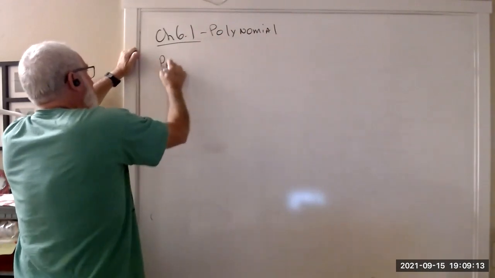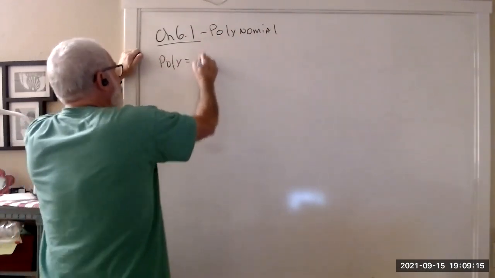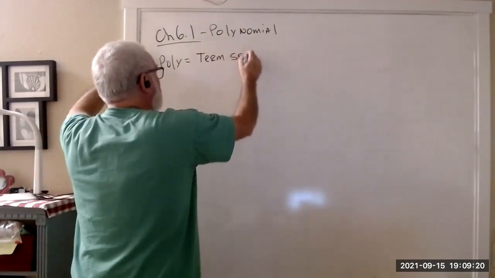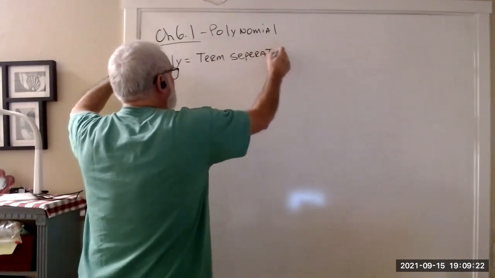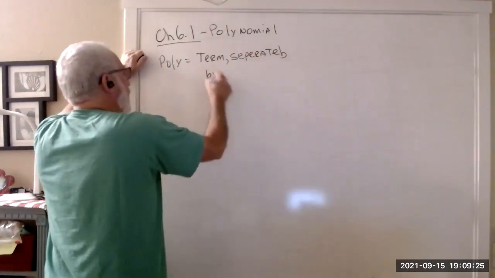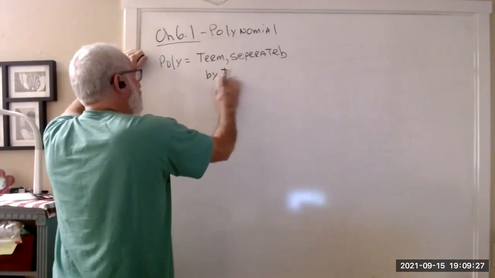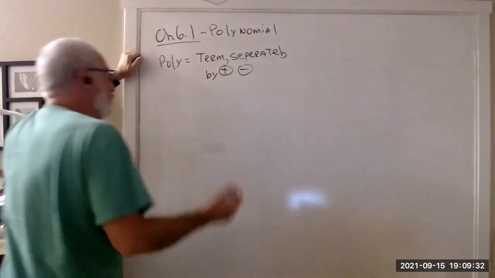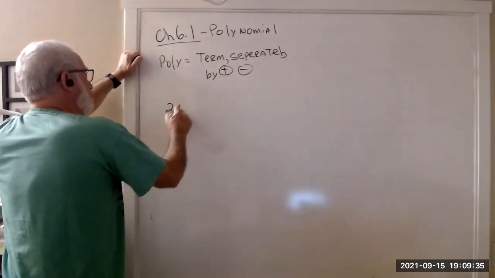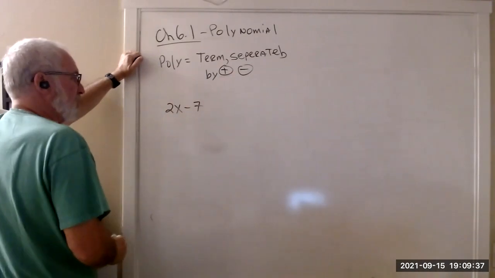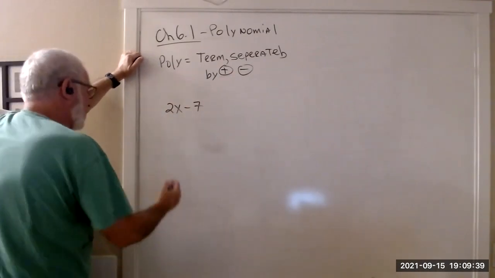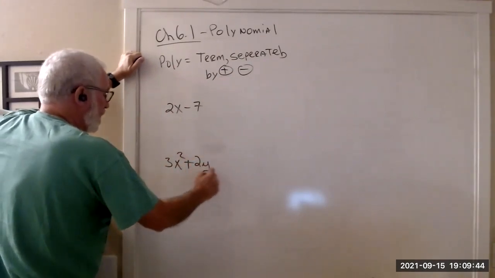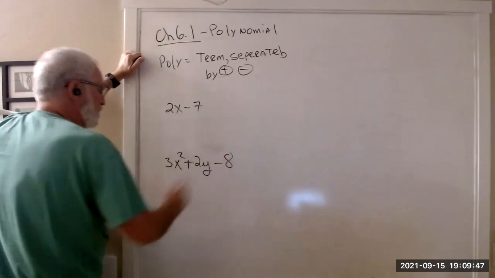And a polynomial is a bunch of terms that are separated by either pluses or minuses. So for example, 2x minus 7 or 3x squared plus 2y minus 8.